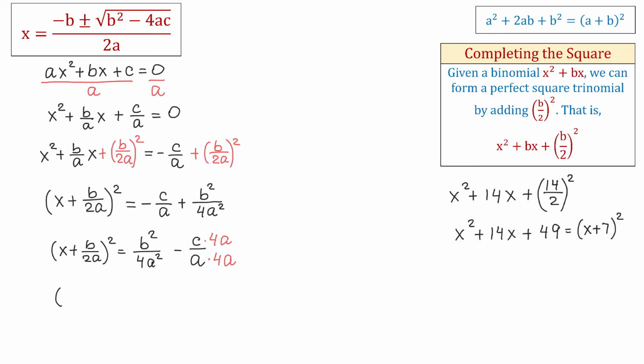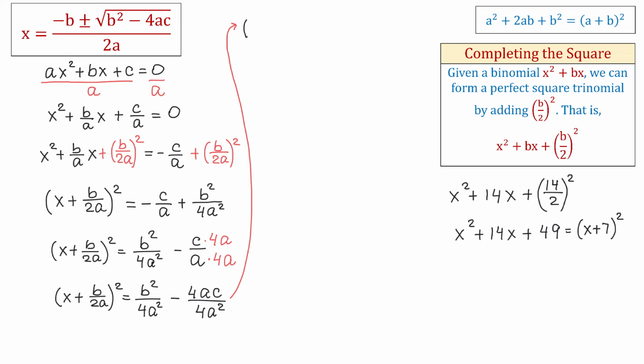And now we will have x plus b over 2a all to the second power equals b squared over 4a squared minus 4ac over 4a squared. And now, once we have the same denominator, we can write this as a single fraction.